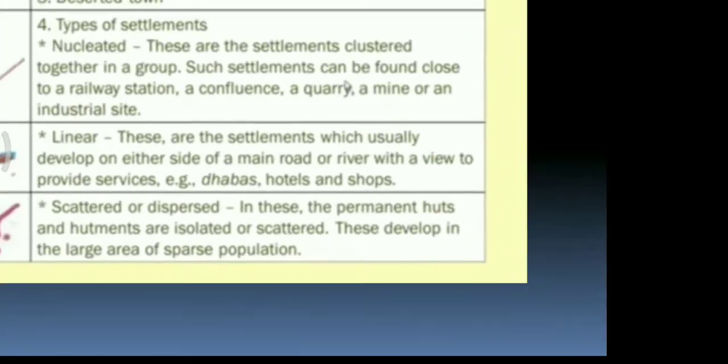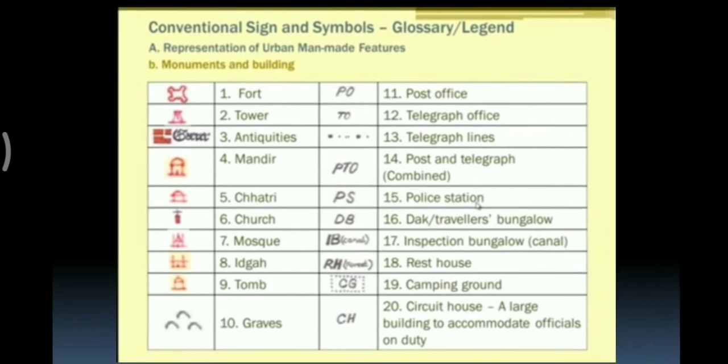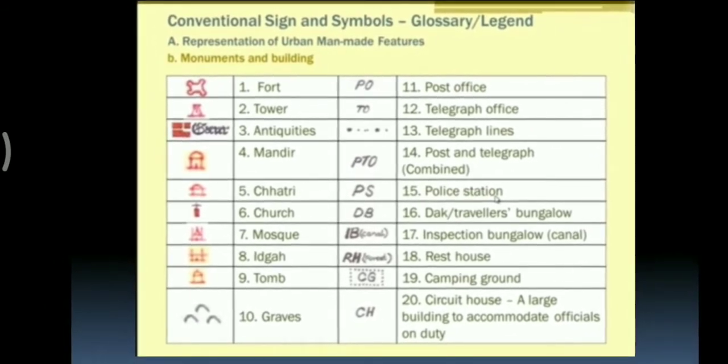And in the next slide we have monuments and buildings, representation of urban man-made settlement. These are the symbols found in the topographical sheet, and it is asked in your examination too to show where the church is, where the fort is, where the temple is, and what the symbol of a post office is.